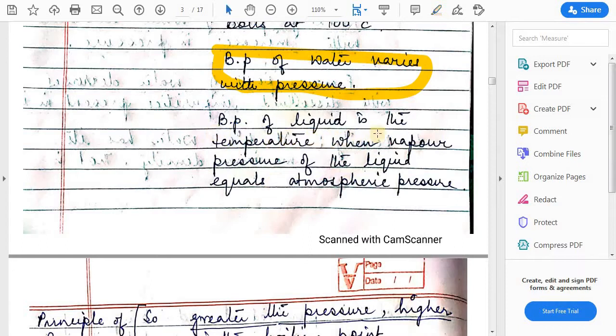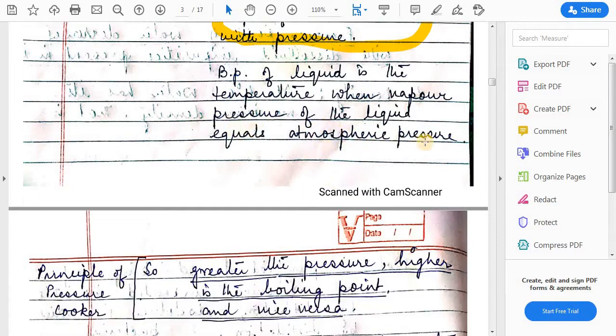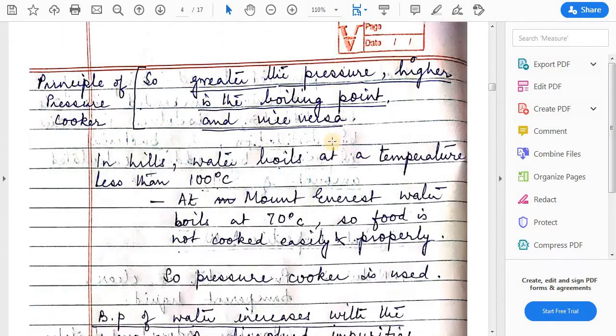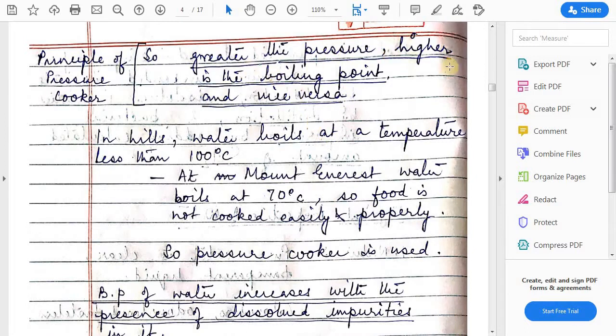The boiling point of a liquid is the temperature at which the vapor pressure of the liquid equals the atmospheric pressure. So the greater the pressure, the higher the boiling point, and vice versa.